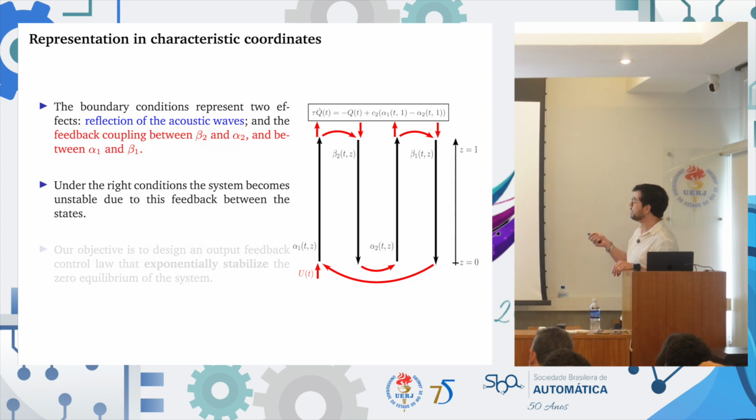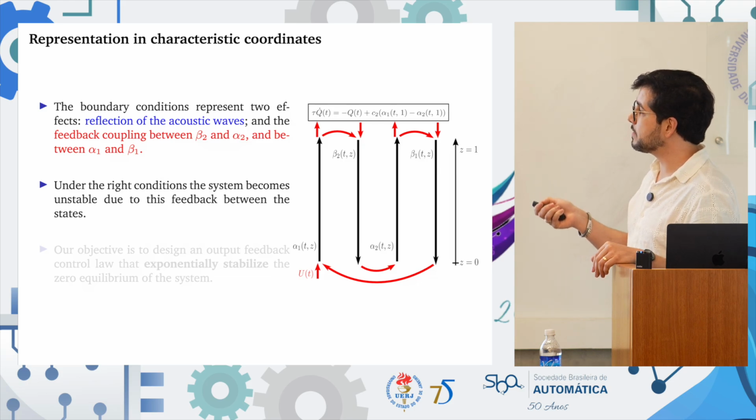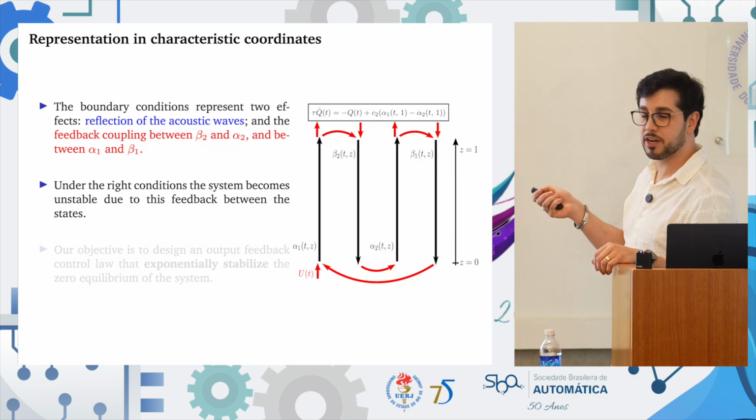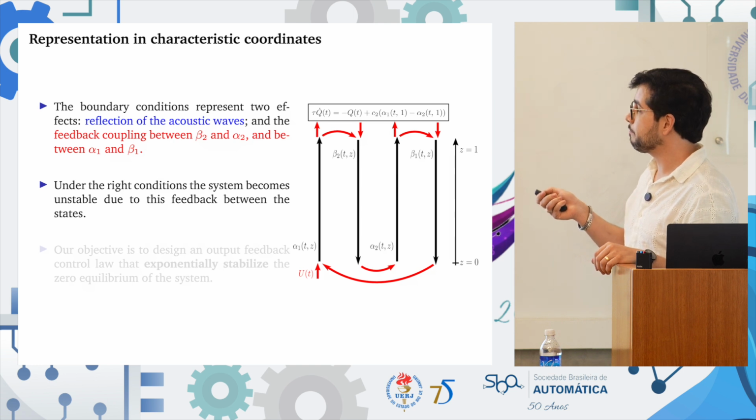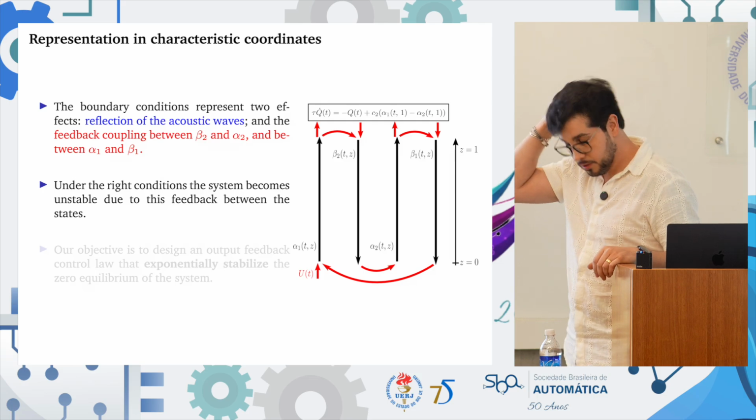Then there is a coupling between the state and the ODE at the boundary condition. And this boundary condition is coupled with another PDE that is again coupled with the first one. So there is a feedback loop here, and also another feedback loop here. So the system cannot be put in a triangular form. This is another difficulty to be solved.